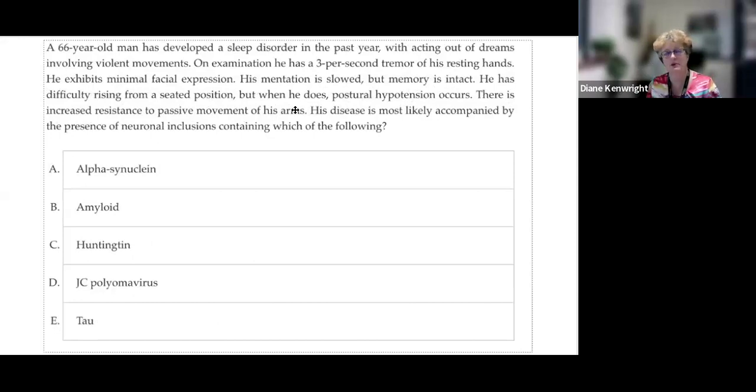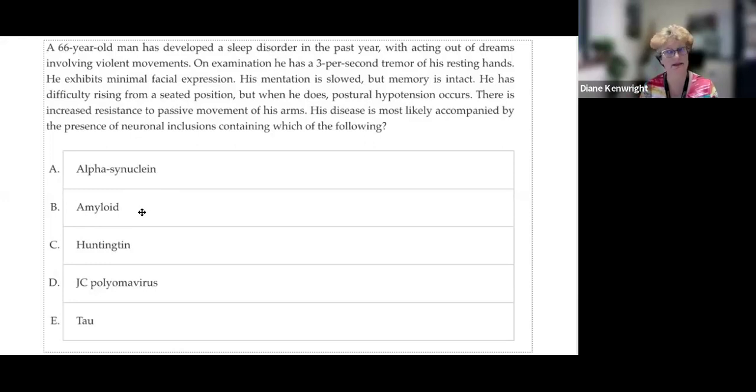So here is a person who has the symptoms of Parkinsonism and also has problems with dementia. So he's probably got some kind of problem that is like Parkinson's disease dementia. What is the problem there? It's a problem with alpha-synuclein. So the answer is A.